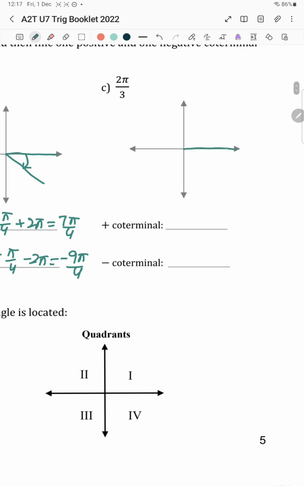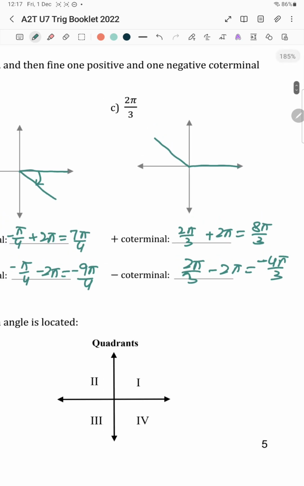Then 2 pi by 3. Okay, 2 pi by 3 plus 2 pi, 8 pi by 3, 2 pi by 3 minus 2 pi.